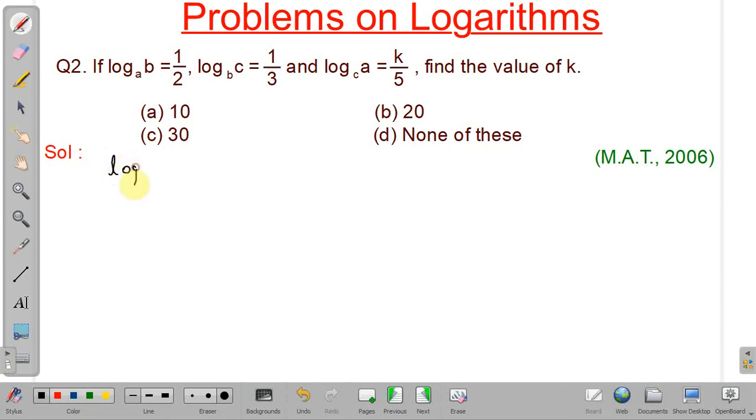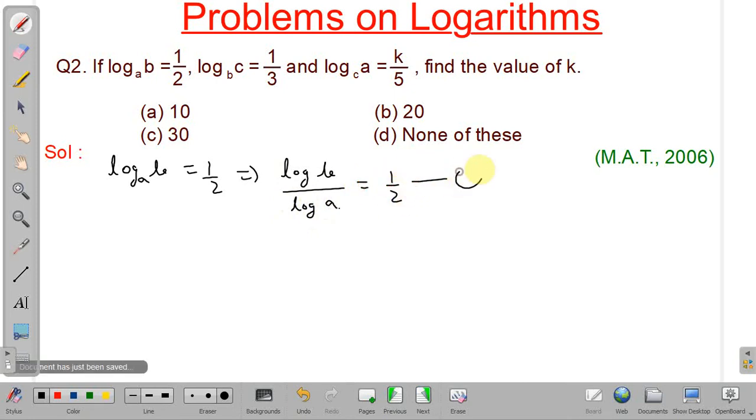See, log of b with base a is given as 1 by 2, and by property of logarithm, we know log of b with base a can be written as log of b by log of a, and this will be equal to 1 by 2. This is our equation number 1.